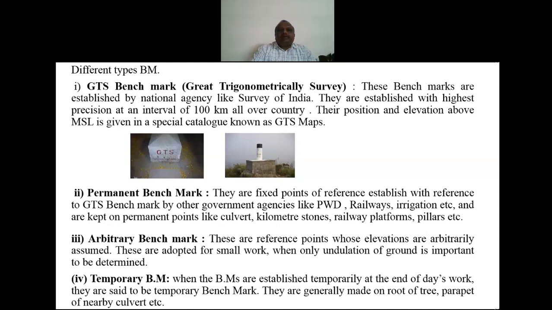GTS benchmarks are established by agencies like Survey of India. They are established with highest precision at an interval of 100 km all over the country. Their position and elevation above the mean sea level is given in a special catalog known as GTS maps.